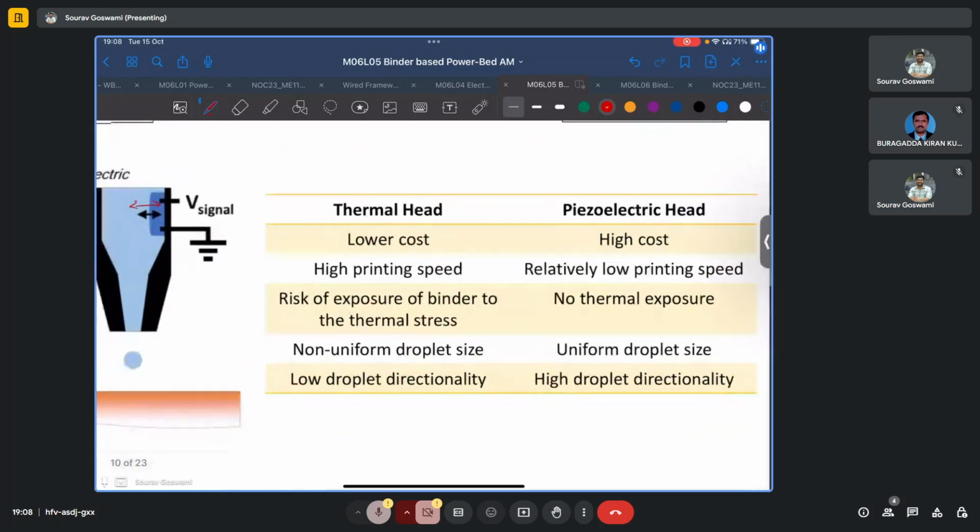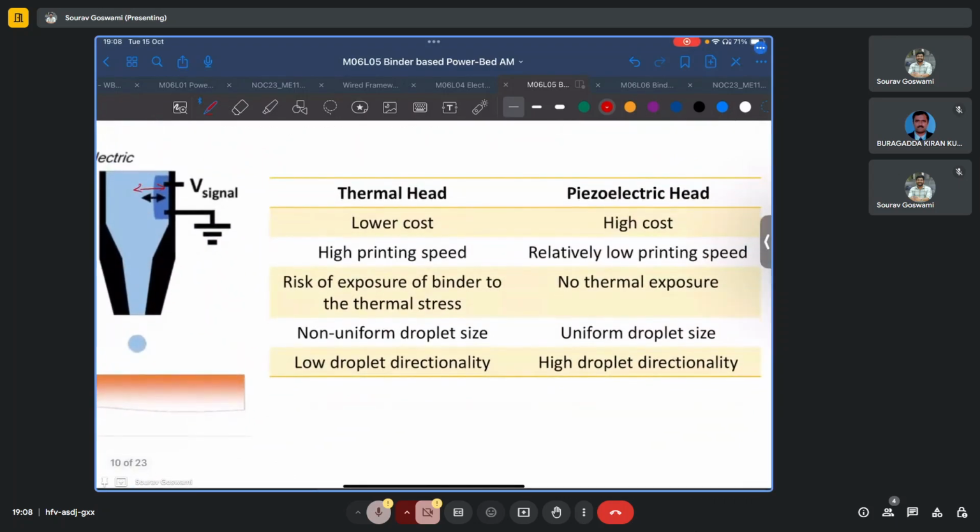There is also this helpful comparison of the thermal head and the piezoelectric head. In terms of cost, the thermal head is more cost effective. Also, it has a higher printing speed compared to the piezoelectric head. However, because of the way in which the thermal head works, it exposes the ink to high temperatures, and thus the binder can be exposed to higher temperatures and correspondingly higher thermal stresses.